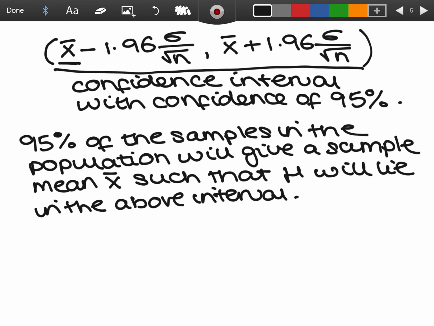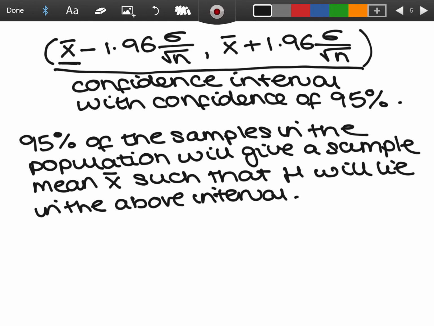Compared to between 0 and 1 million, where you have no idea where it lies in that range, if you said I've got an interval of 50 to 55, that gives you a much more accurate representation of what that population mean could be.